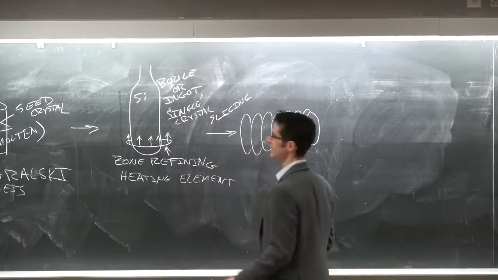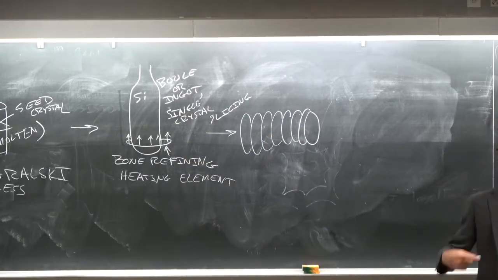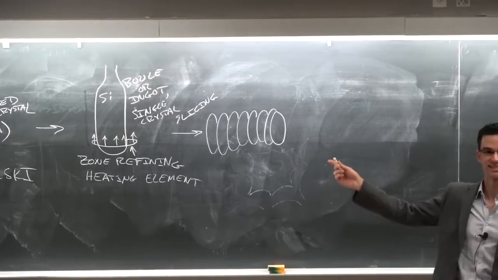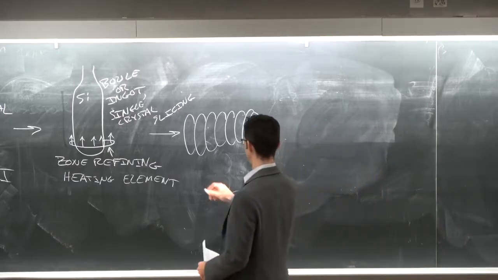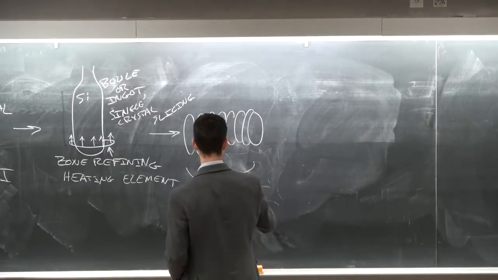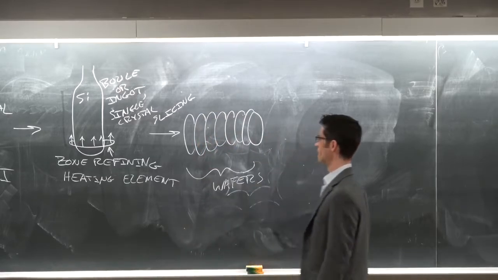You use a very powerful, thin dicing blade that has diamond dust and eye of newt. And these are the wafers.